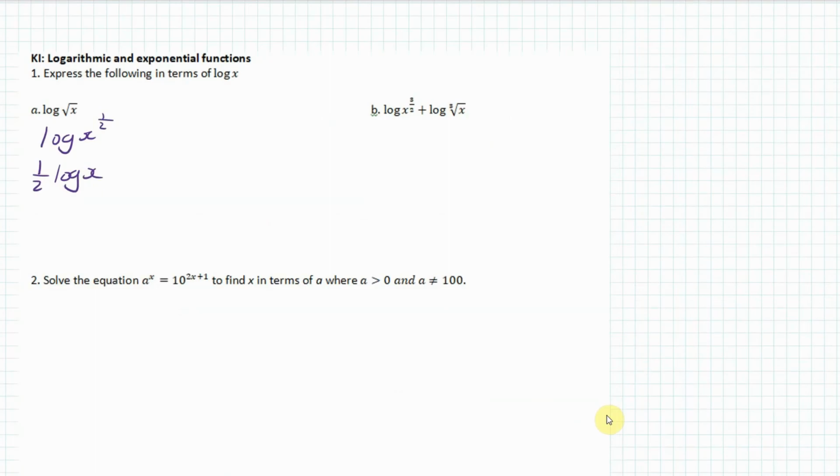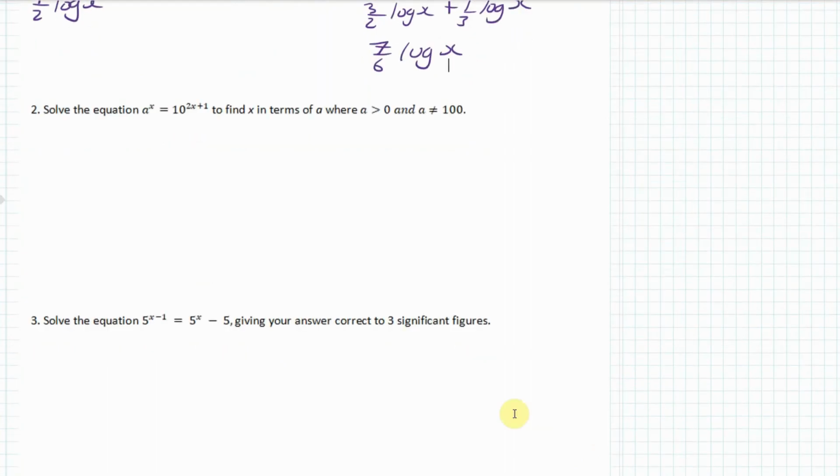The next one we could rewrite as 3/2 log x plus log x to the power of 1/3, which we can rewrite as 3/2 log x plus 1/3 log x, and then 3 over 2 plus 1 over 3 is 11/6. So we could go 7/6 log x.